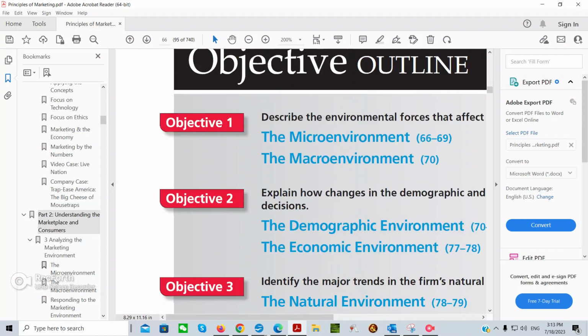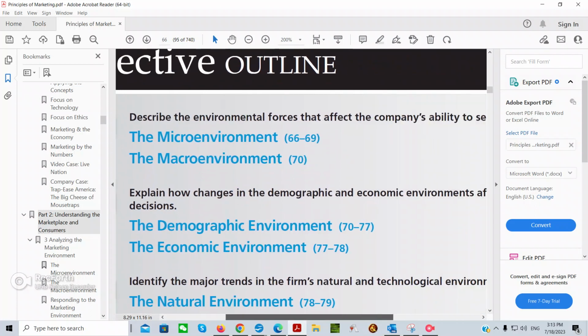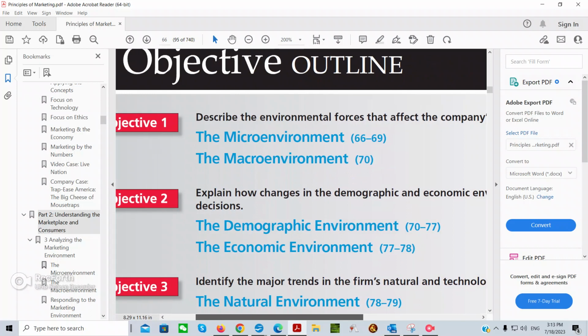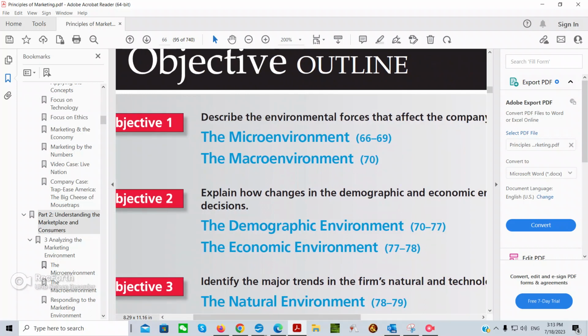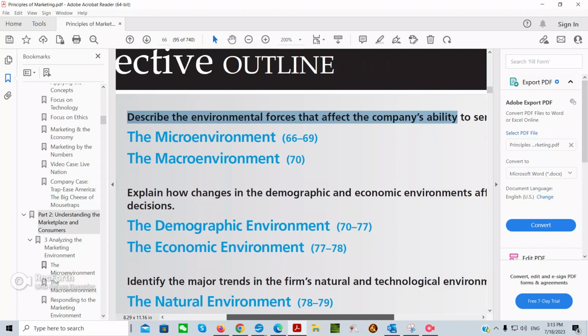Now, keep in mind that there are 5 objectives for this chapter. The first objective is to describe the environmental forces that affect the company's ability to serve its customers. Okay.